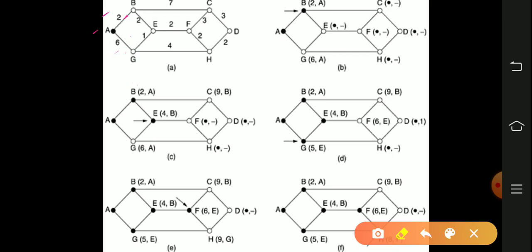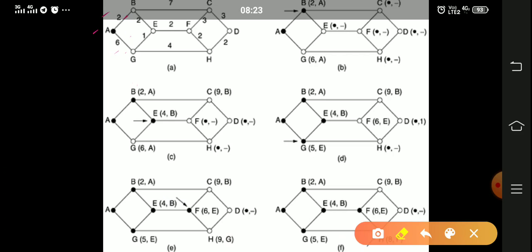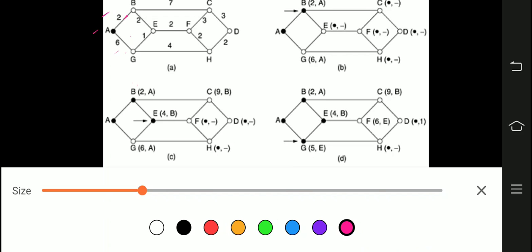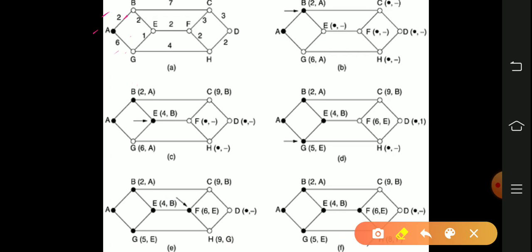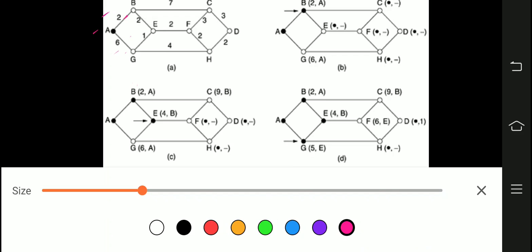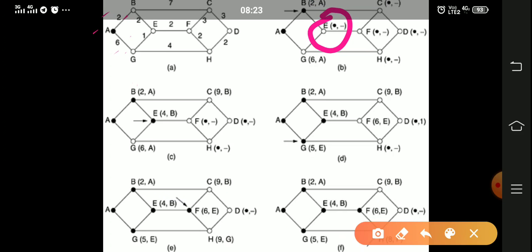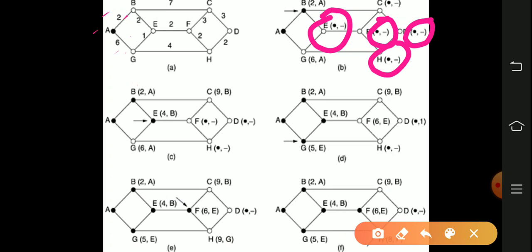For example, you can see this, infinity, infinity, infinity, infinity, infinity. Infinity is present here also, but here we established that previously all routers are in an empty position.